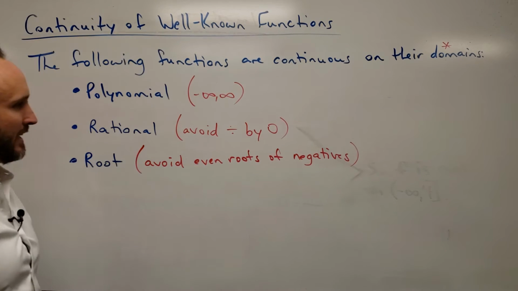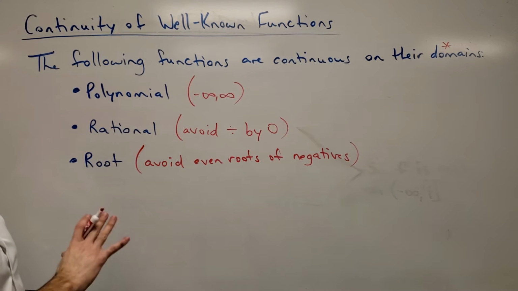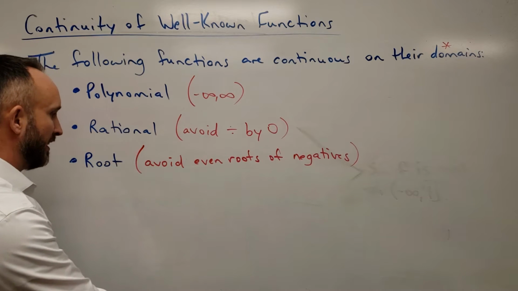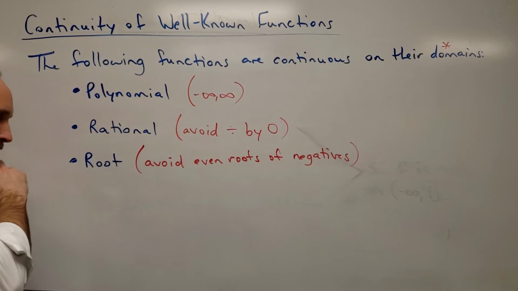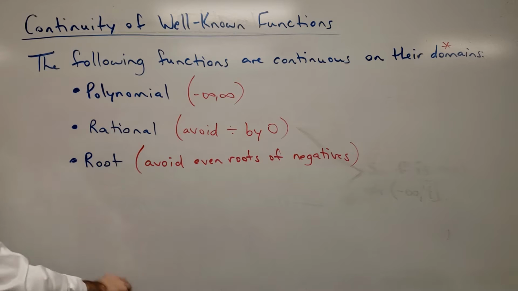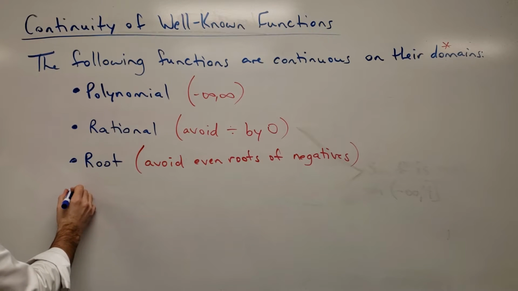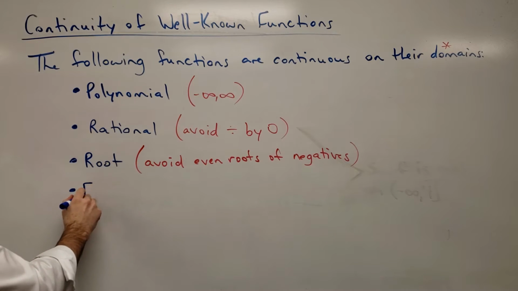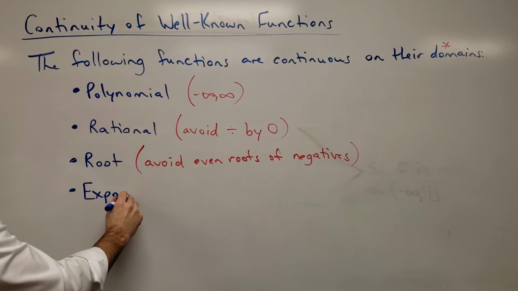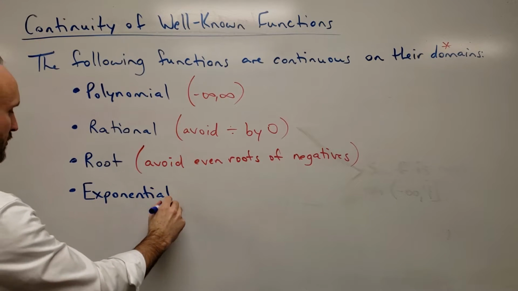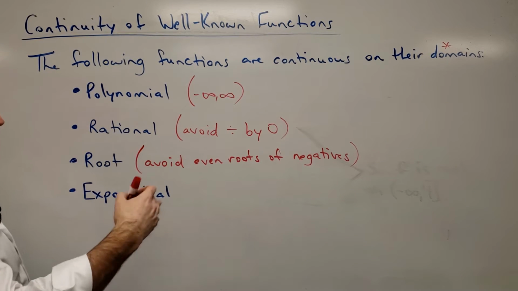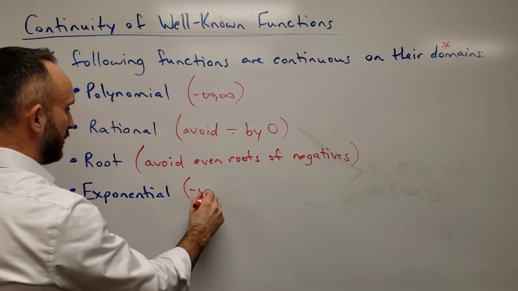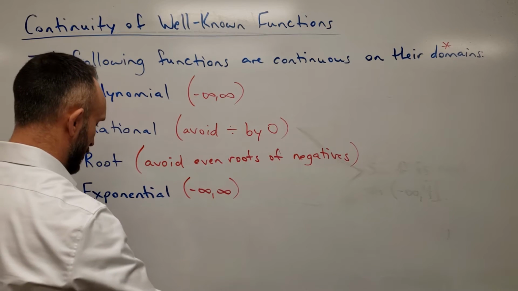Avoid even roots of negative numbers, and then you'll be just fine. You won't be violating any mathematical calculations. Then we have exponential functions. Exponential functions are good. They're defined everywhere. Their domain is every real number. No big deal.